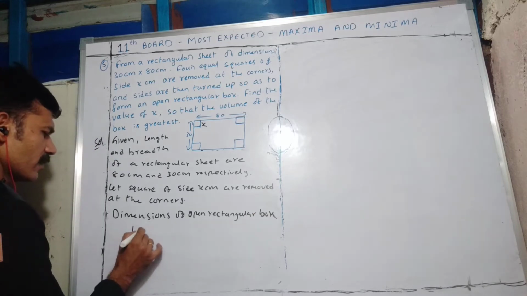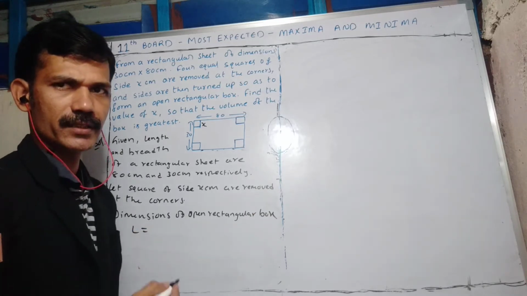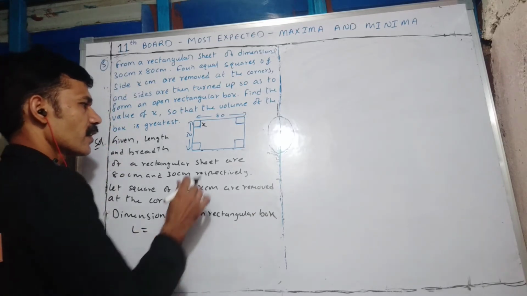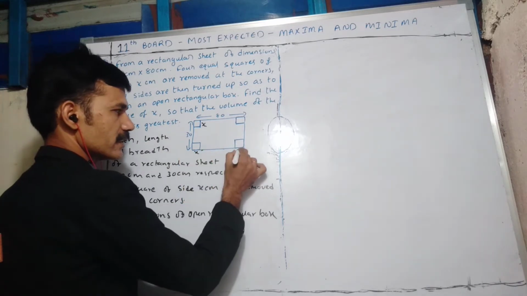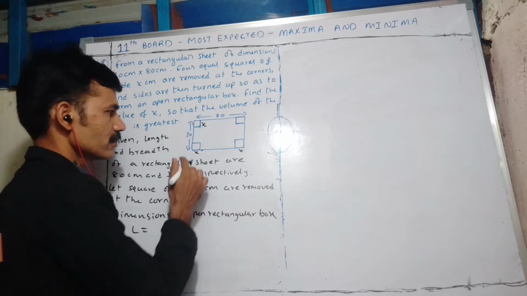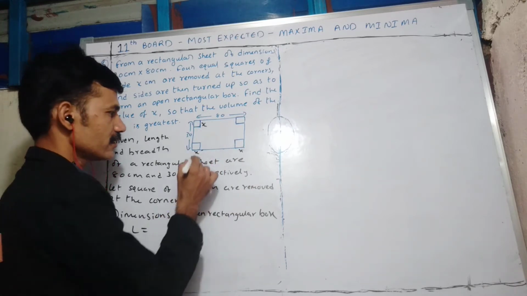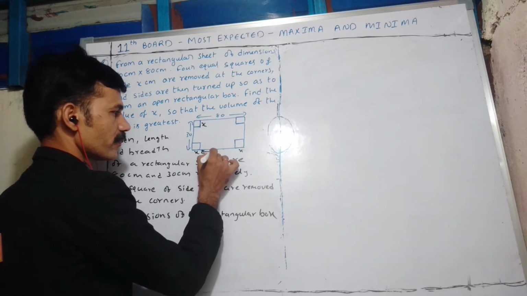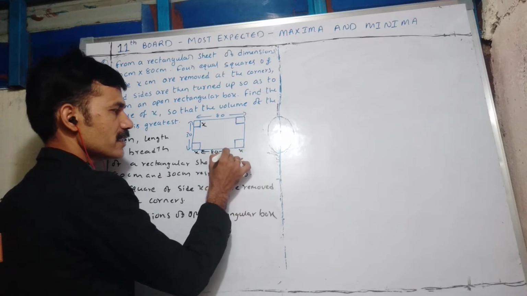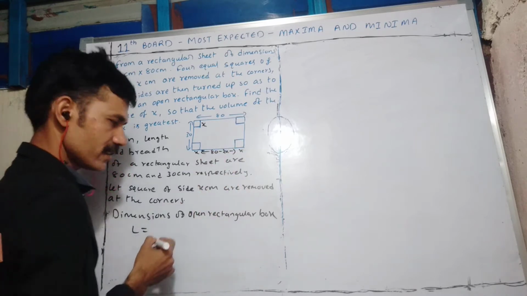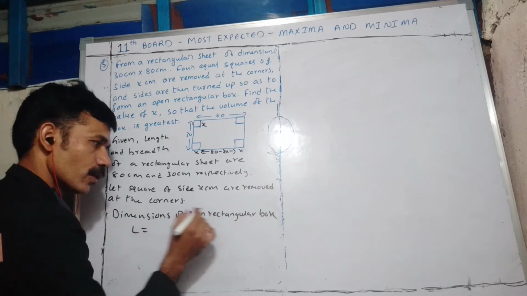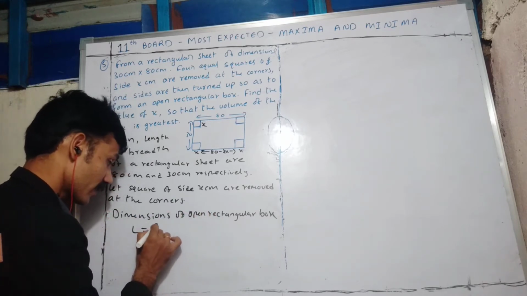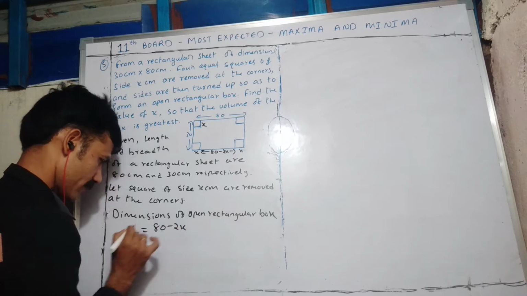You see, it is a cuboid shape, no? Length, breadth, height will be there. How will we get the length? See, on this side x is reduced. Total length is 80, so this will be 80 minus twice x. Therefore, the length of the open rectangular box is 80 minus 2x.